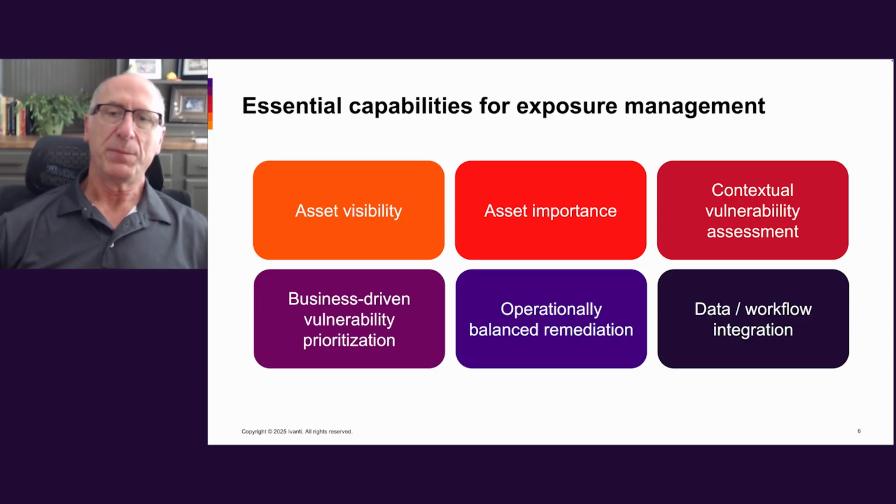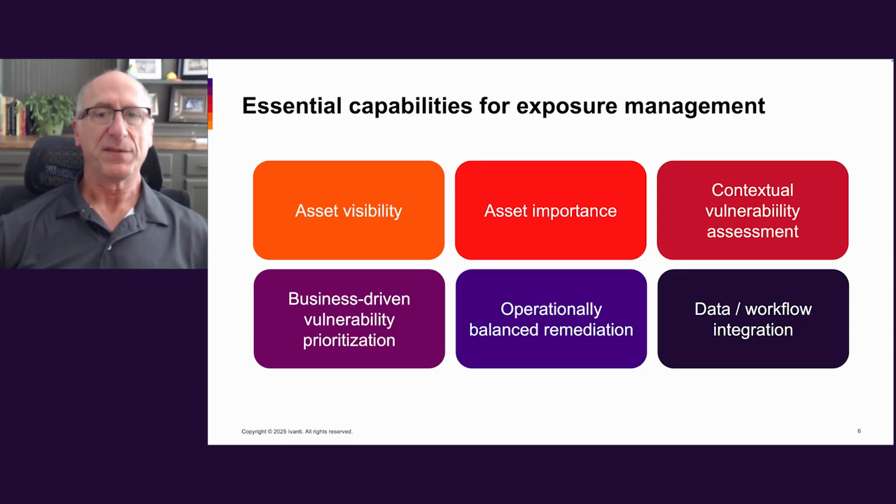Once we have that capability, we're adding in contextual vulnerability assessment. And that's referring to largely an existing capability today with tools like risk-based vulnerability management. But the goal of this is to go beyond CVSS scores, which are generic scores, which may or may not apply to a specific organization, adding in more context to that.